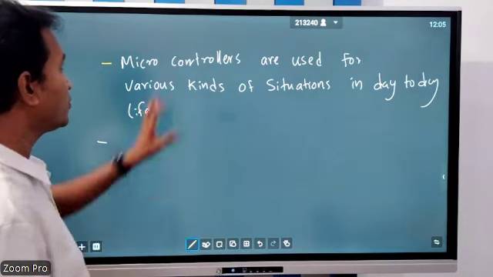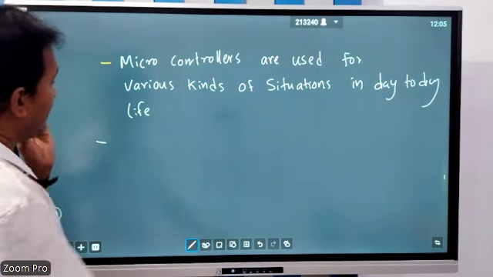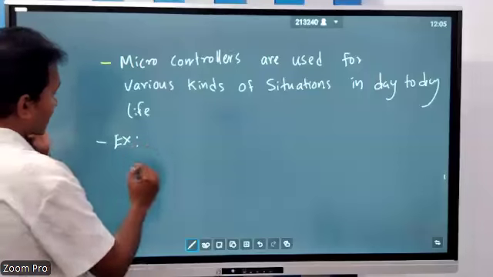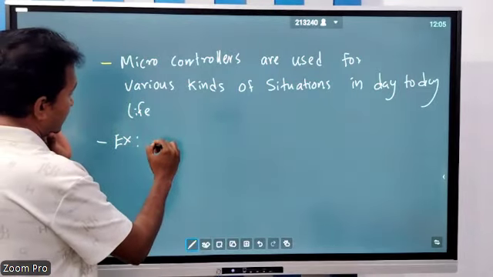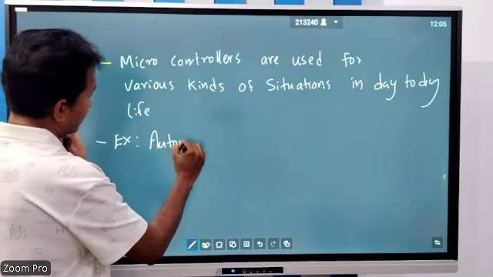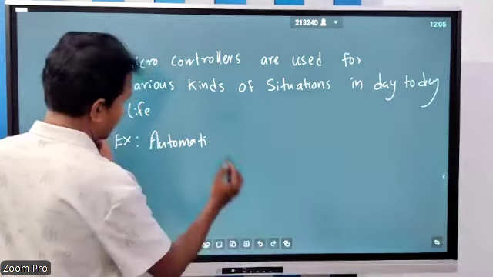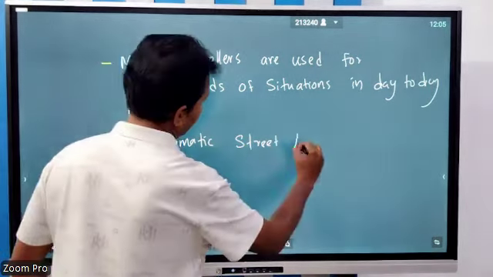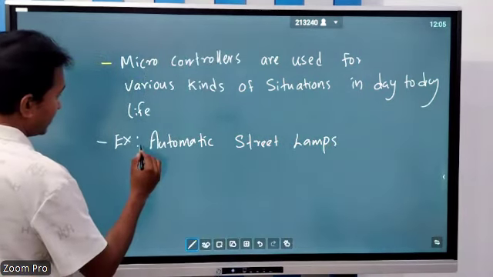Microcontrollers are used for various kinds of situations in day-to-day life. For example, automatic street lamps, right?